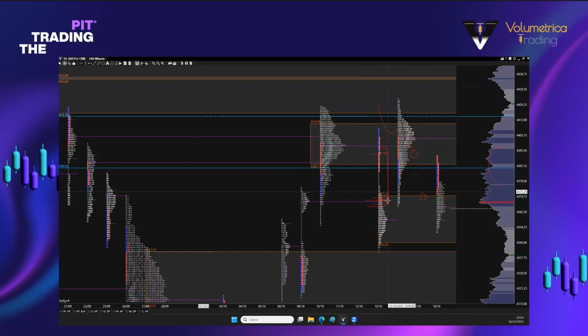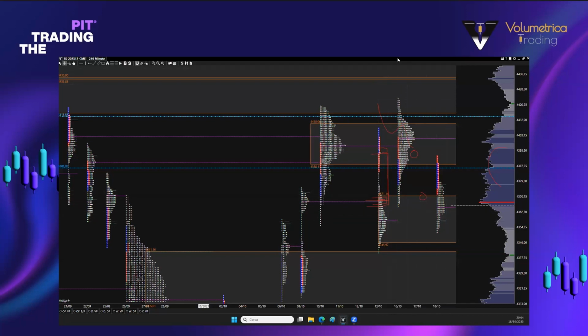As you can see, that's the very same area that's highlighted on the other chart by this orange rectangle that expresses a previous area where we had established balance. That means previous established acceptance of price.